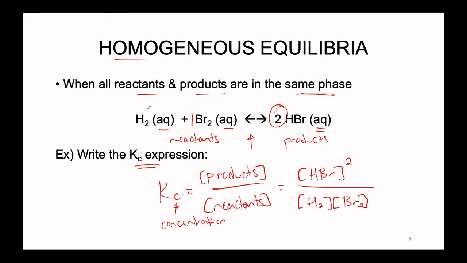And since there are only stoichiometric coefficients of 1 in front of the H2 and the Br2, there's going to be a 1 in the exponent of the H2, and a 1 in the exponent of the Br2. And so this is going to be our equilibrium expression as dependent on concentration corresponding to this reaction above. So once this reaction reaches equilibrium, this ratio of products to reactants then will be true.